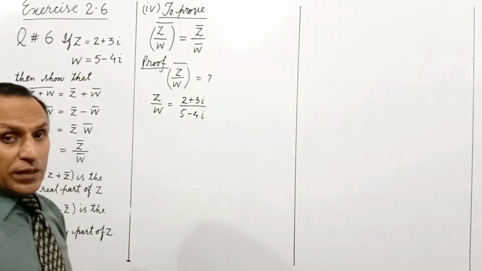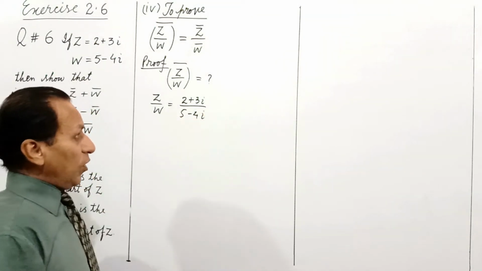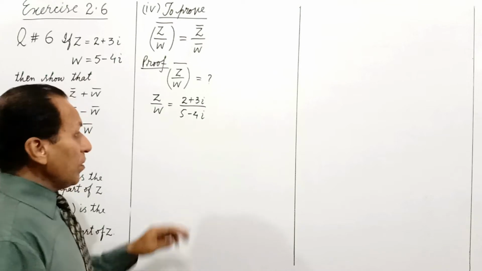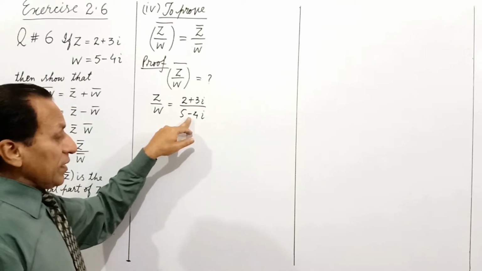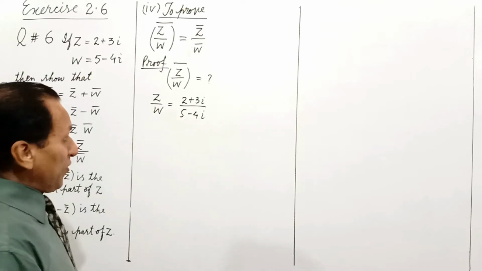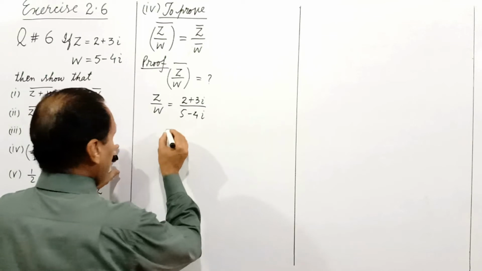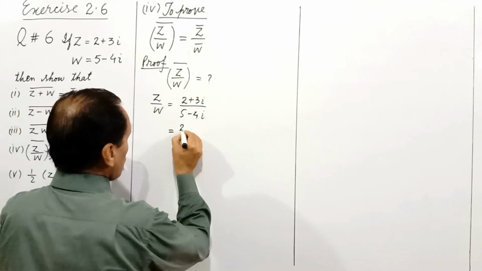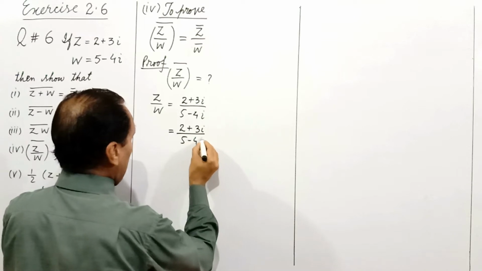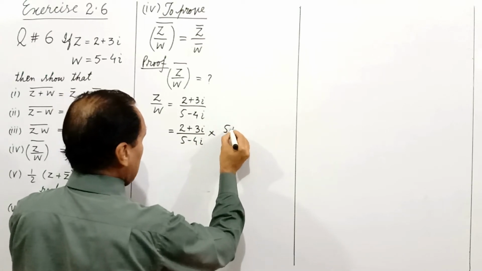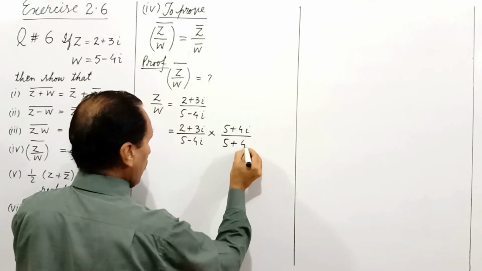As we are already familiar with the solution of such a rational form of complex numbers, we multiply by the conjugate of the denominator and divide, to rationalize the denominator and get the standard form of a complex number. So 2 plus 3 iota divided by 5 minus 4 iota, multiplied by 5 plus 4 iota divided by 5 plus 4 iota.